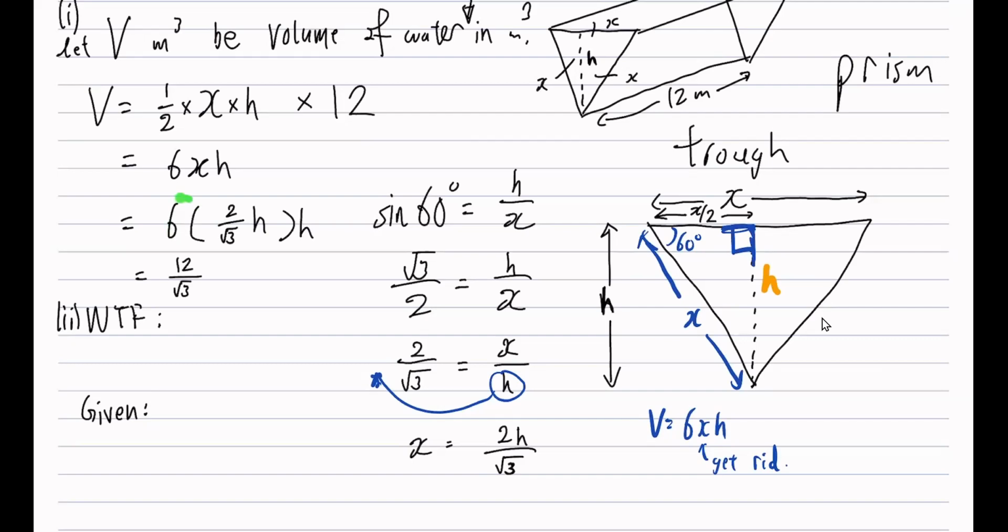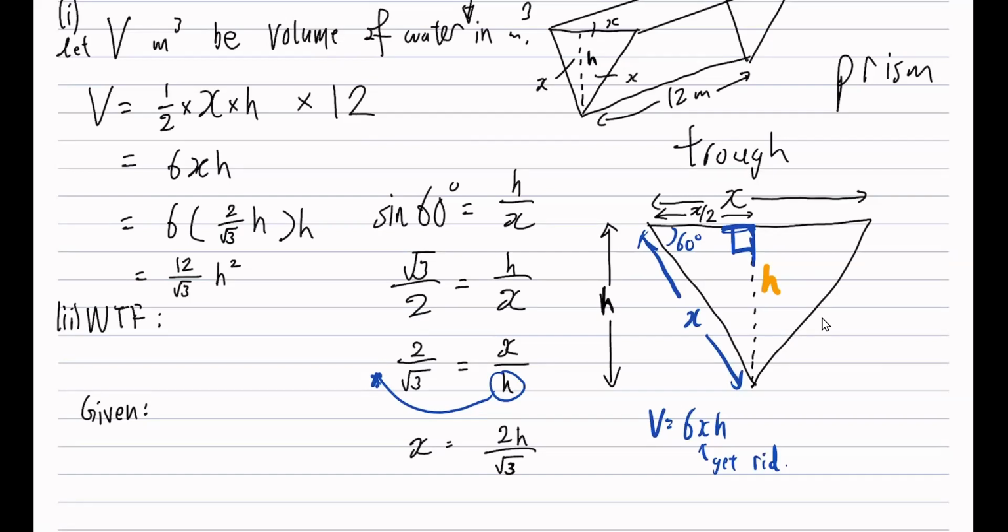Is that okay? 6 times 2 over root 3? 6 is the same as 6 over 1. Fraction times fraction, just multiply top and bottom. So 6 times 2 is 12, 1 times root 3 is root 3. Then h times h is h squared. Is it clear? Very good. Wow, interesting question. Finally involve the x and the h.